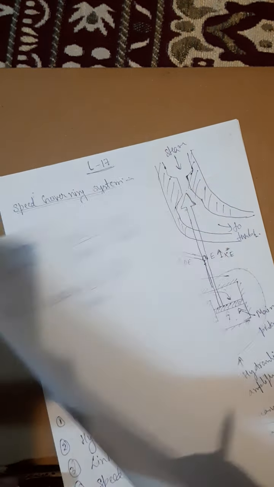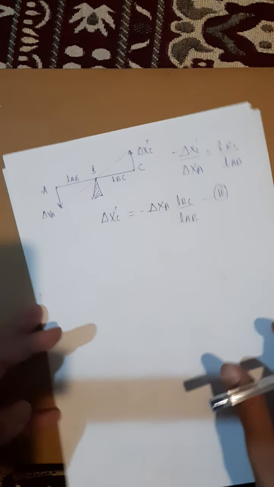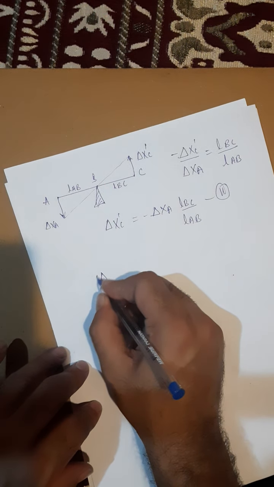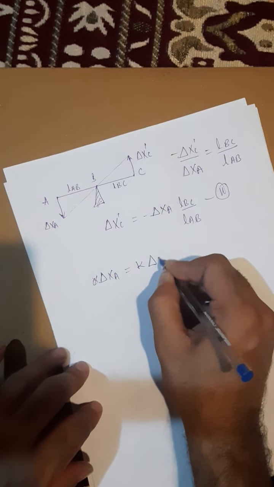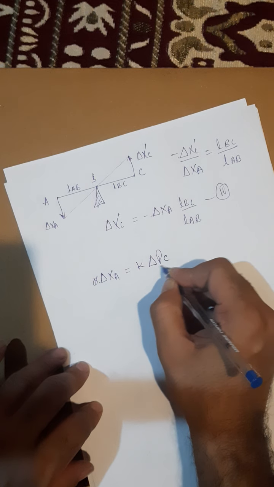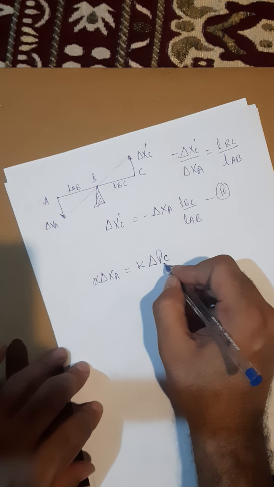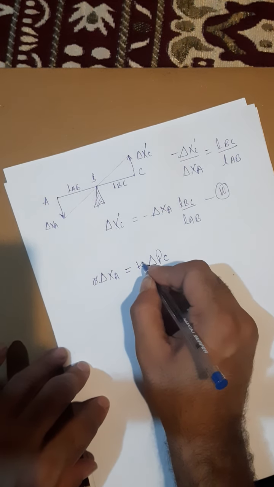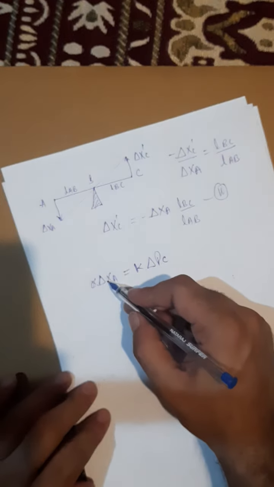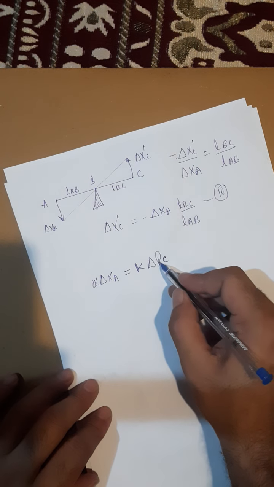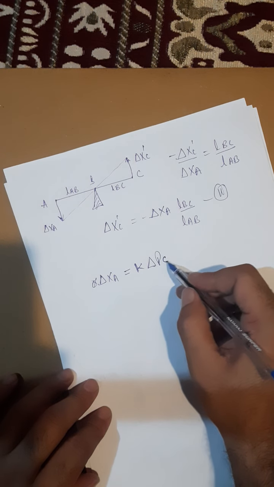I also showed in the previous case that delta XA is directly proportional to the increase in turbine output power. Using K as the constant of proportionality, I can substitute, where delta PC is the commanded increase in power output of the turbine.